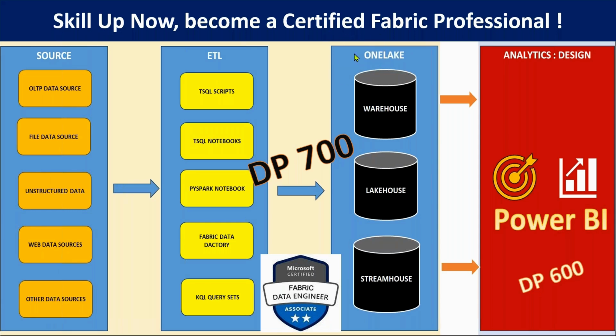OneLake is a community that has 3 houses: warehouse, lakehouse, and stream house. Of course, there are a lot of differences between them, and we'll learn them slowly. I need to provide you the data sources so that we can start working on the examples. So our course is mainly about ETL and OneLake, and DP-700.